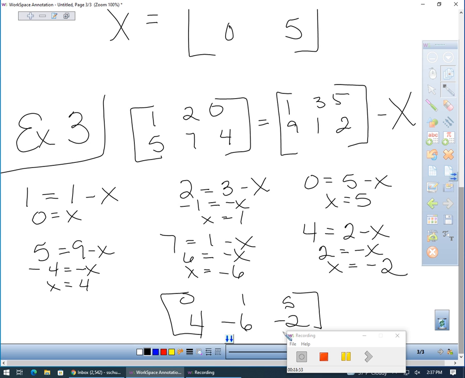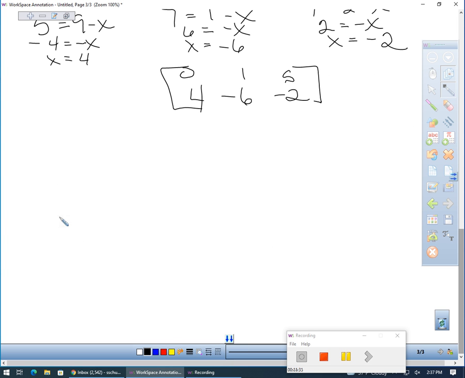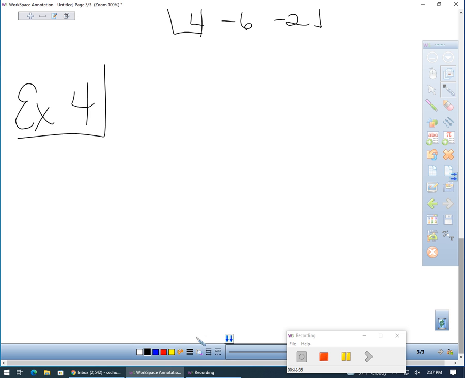It will. All right, here is example number 4. In example number 4, sometimes the equations happen within the matrix. Inside of the matrix.